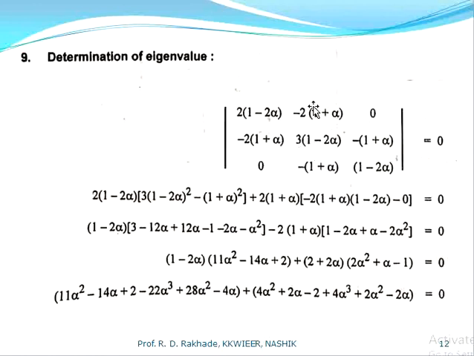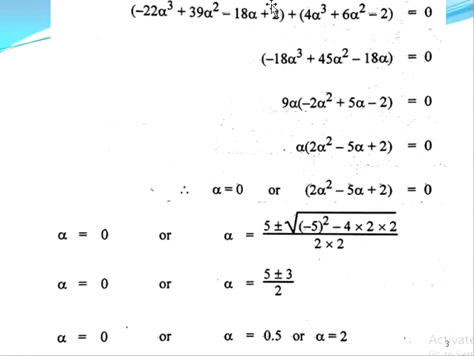In this way we can create the equation for determination of eigenvalue. After simplifying all these equations and converting into quadratic form, by using the factorization method or formula method we can find the roots or values of alpha.